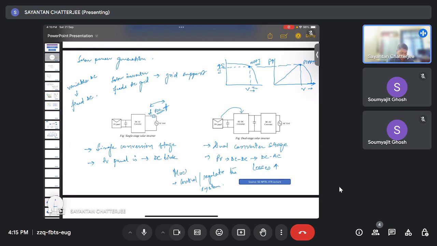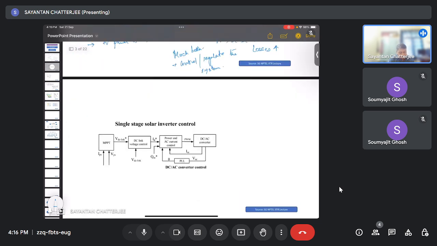So better regulation, much better. That's one advantage here.